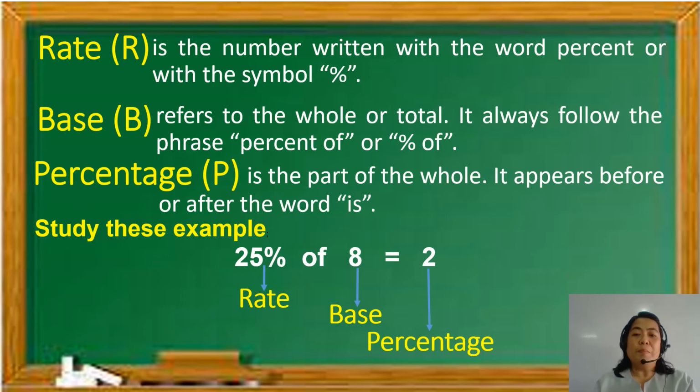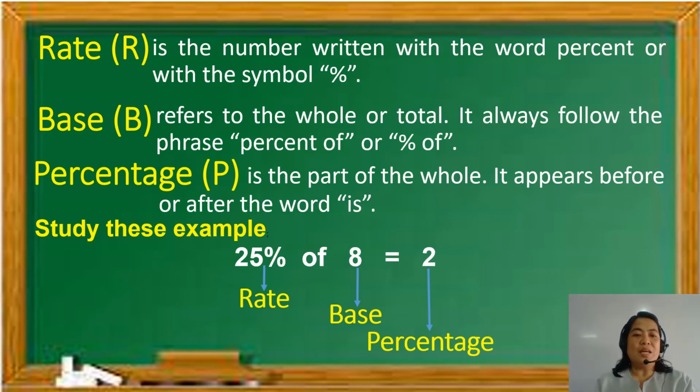Percentage is the part of the whole. It appears before or after the word is. So remember, the percentage comes before or after the word is or the equal sign.